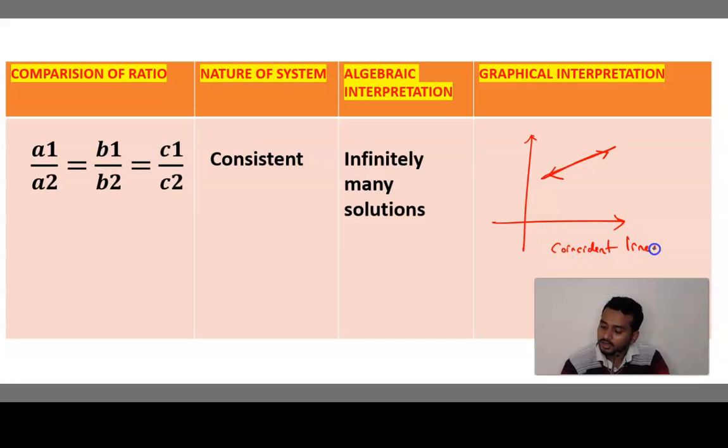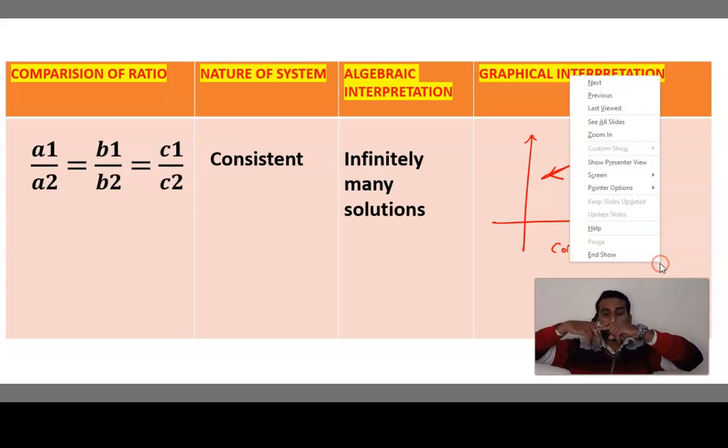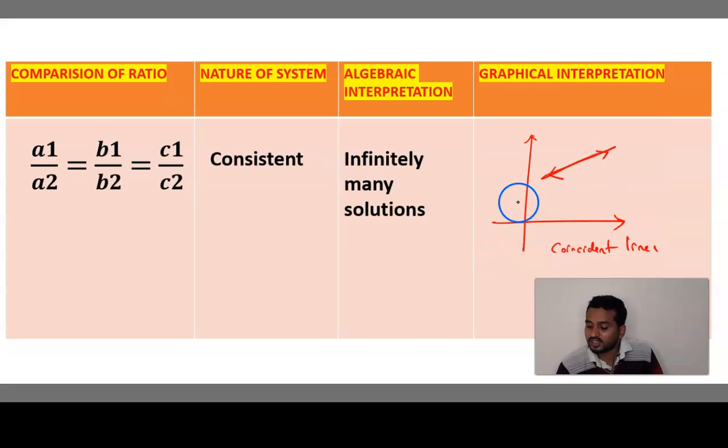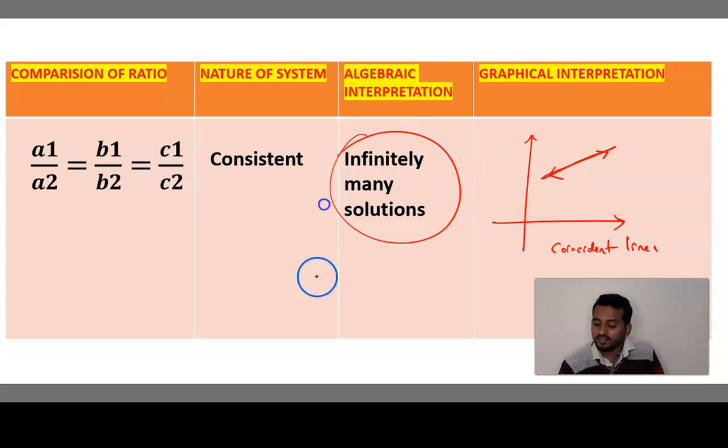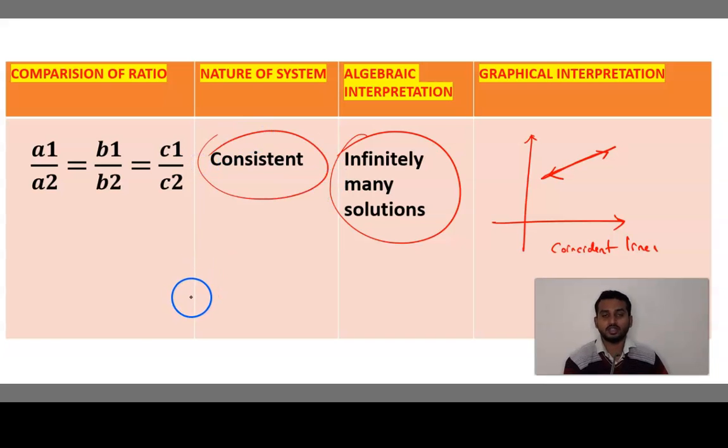Coincident lines means they are overlapping on each other. All the values of x and y are overlapping on each other. So we get infinitely many solutions, and they are dependent consistent. So the nature of the system is consistent, also called dependent consistent.